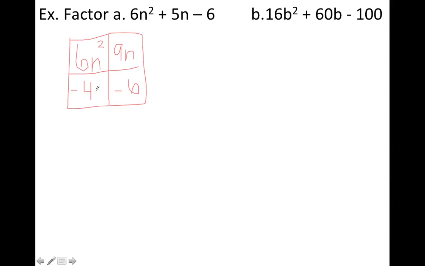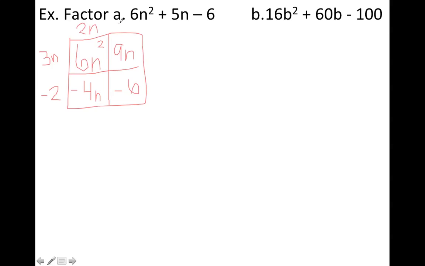And then we look at our rows and our columns to find our greatest common factor. Looking at the first column here, both those numbers can be divided by 3, and they both have an n, so our GCF is 3n. Looking down here, we have negative 4 and negative 6, so our greatest common factor is negative 2. Looking at our column here, we'll have 2, and they both have an n.